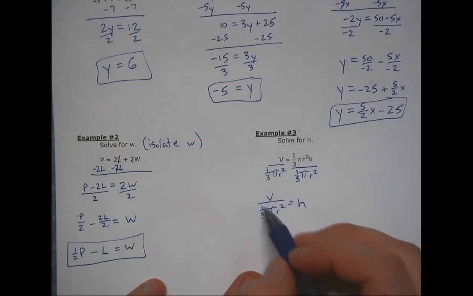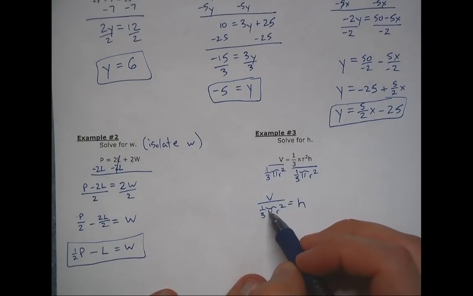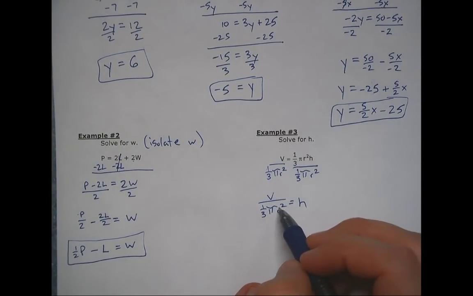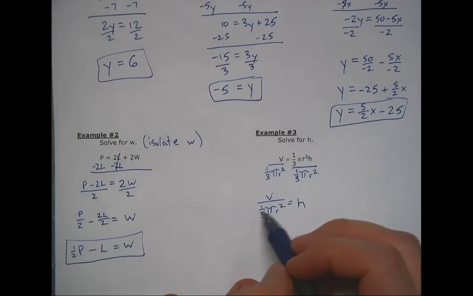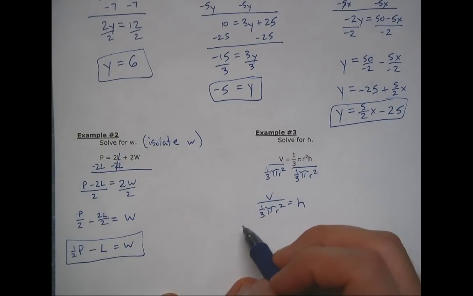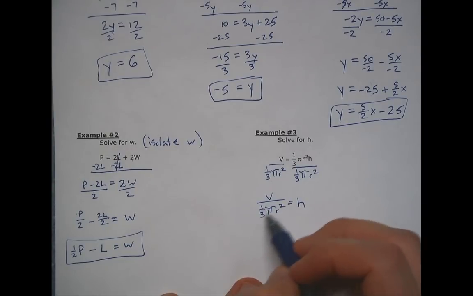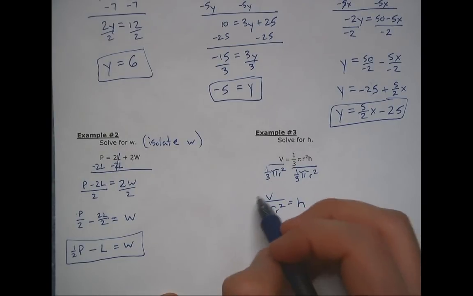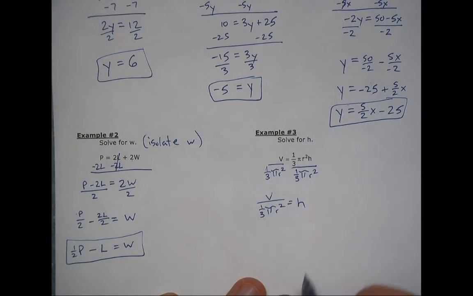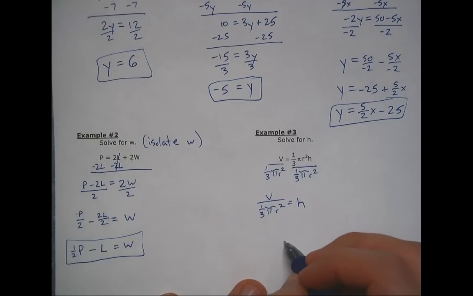Now it looks weird to have a fraction inside of a fraction, right? Doesn't mean it's wrong. It's not incorrect, but it does look weird. So right now this says divided by 1/3, which remember is the same as times the reciprocal, 3/1. So if I times v by 3/1, I'd end up with the 3 up top. So you can translate this down.